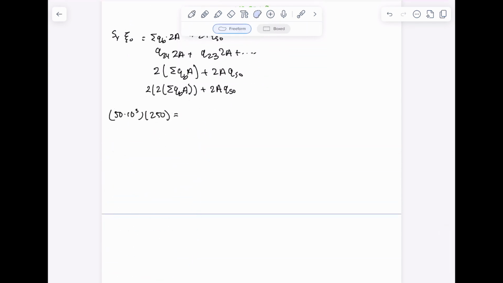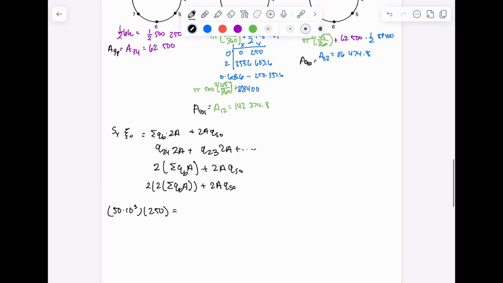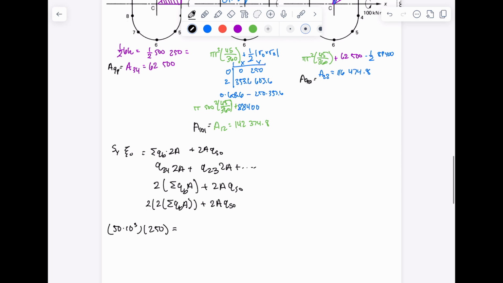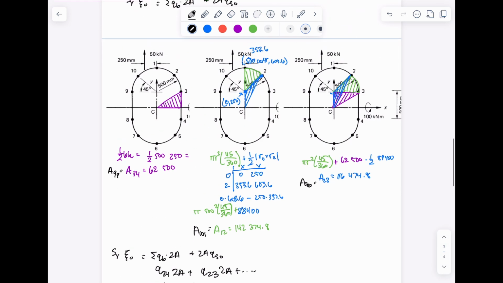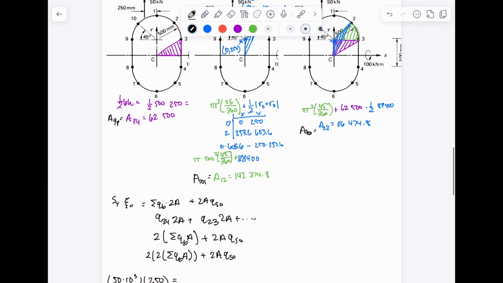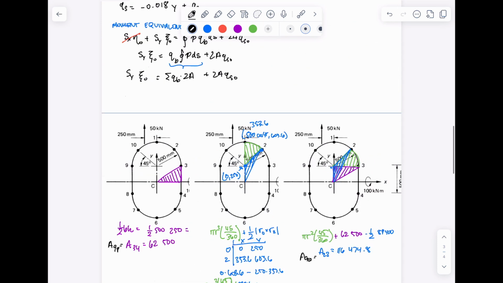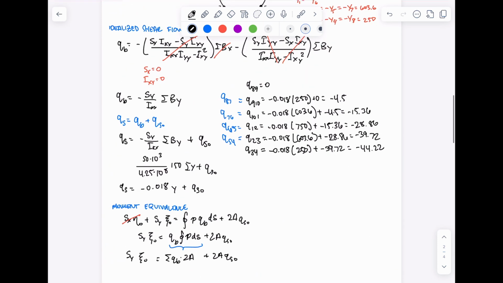So let's bring this back up. And now we need to solve for Q times Q shear flow times the area. So shear flow of 3 to 4 and all the way around. Shear flow of 3 to 4 is what we found here.